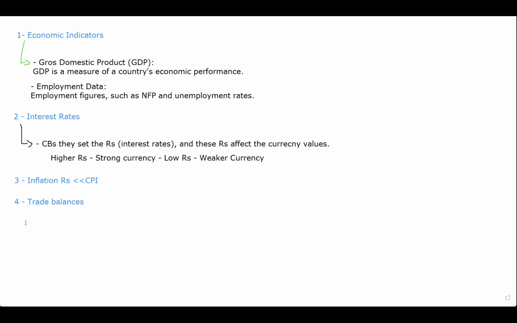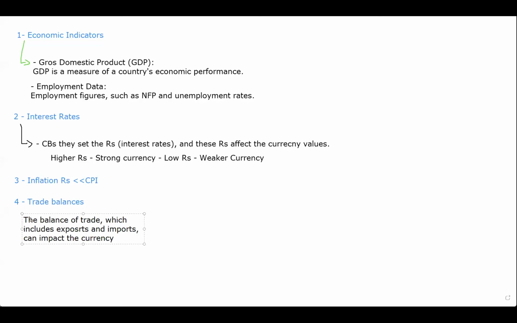I don't have a clue. Well, I'm going to explain to you. So basically, it's the balance of trade, which includes exports and imports, and it can impact the currency.